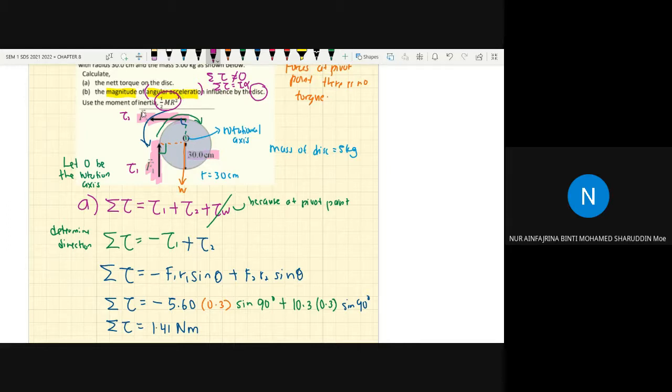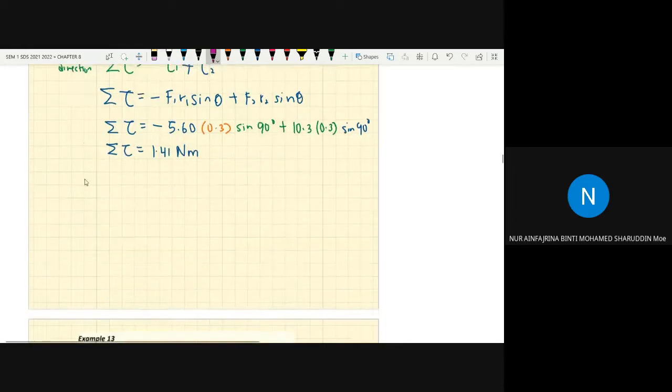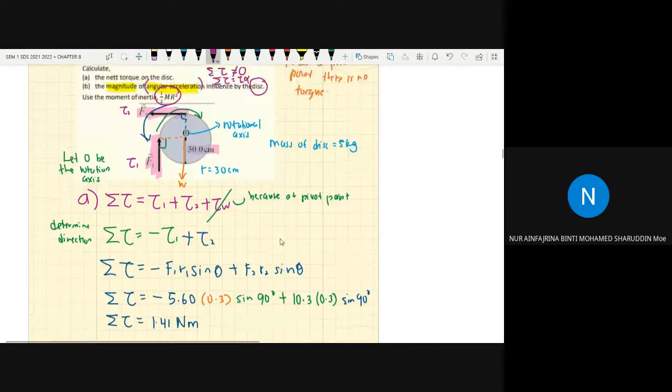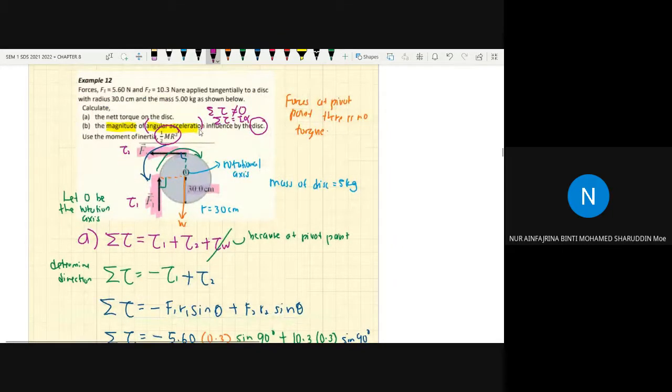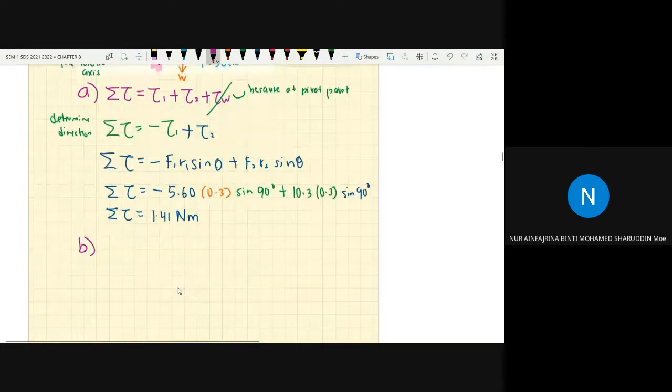Okay, now. So, sekarang macam mana Miss nak settle soalan ni? Anyone ada idea tak? Miss nak cari angular acceleration. Nak pakai formula apa? Equals to I alpha. Summation of torque equals to I alpha. Very good. Okay, cuba tengok summation of torque kita dah tahu.